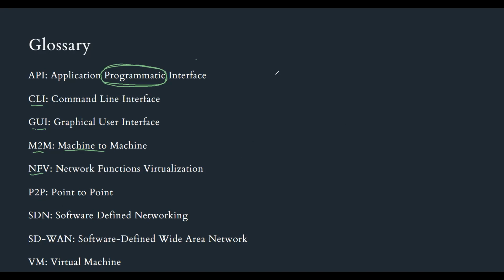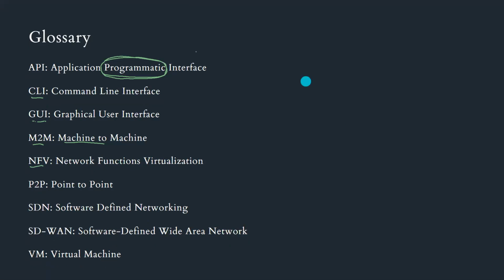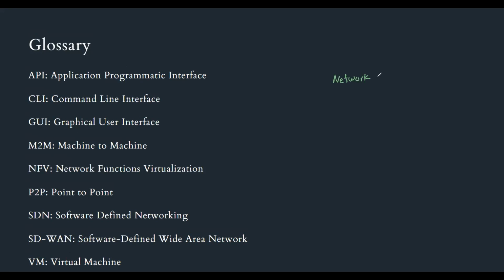So as a summary, I would like to mention roughly what we have discussed in this section. Basically, regarding network virtualization, network virtualization can be divided into two parts. First of all, network virtualization is basically using software to do networking functions.